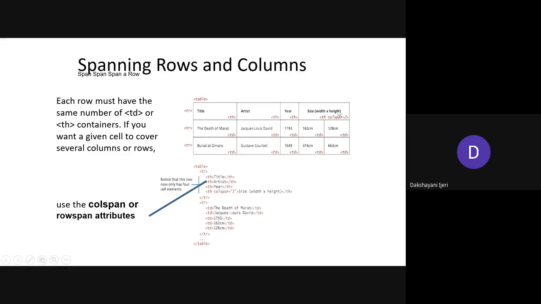So my question to you is whether the merging of columns or rows has been done to this last cell. Columns, right? How many columns have been merged over here? Two columns. Right.